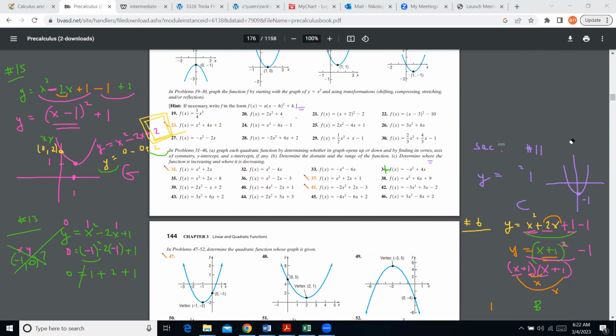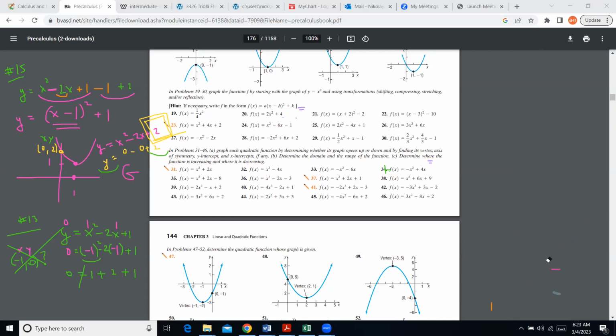And that means they recommend doing this exercise. Well, since they recommend it, why don't I try to do this? So for exercise 23, I want to complete the square before graphing. So let me copy this here.